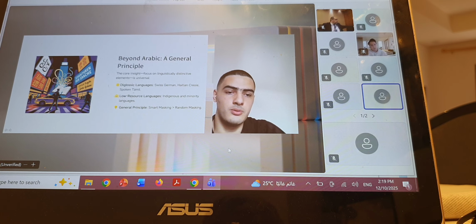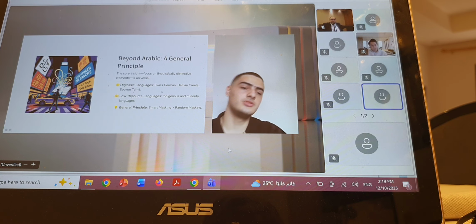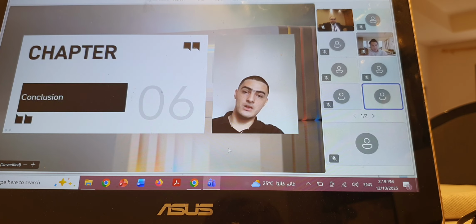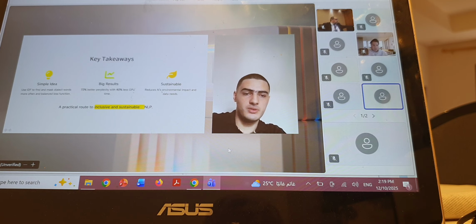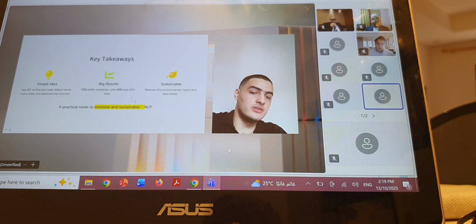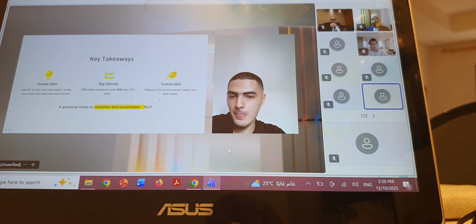It can solve problems with Swiss German, for example, Haitian Creole, spoken Tamil, or all other low-resource languages, with indigenous and minority languages. As for the conclusion, a simple idea with big, sustainable results, 72% better perplexity, 40% less GPU, is a practical route to inclusive and sustainable NLP.